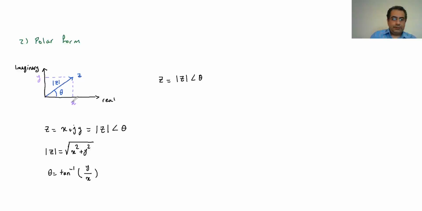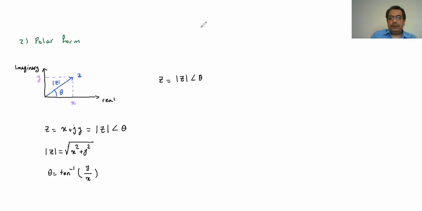Now, what's the magnitude of x with respect to the values that we have here? So this is z as a function of x and y, and theta as a function of x and y. And now, what about the x? Look here. x is z cosine theta.